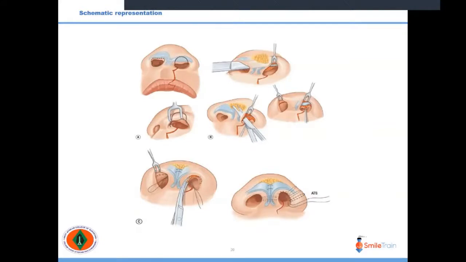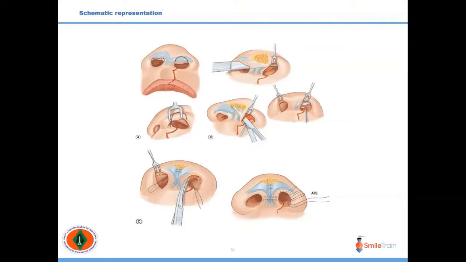Having done this, still with a hook, you re-elevate the cleft side cartilage, which is usually flattened, depressed.